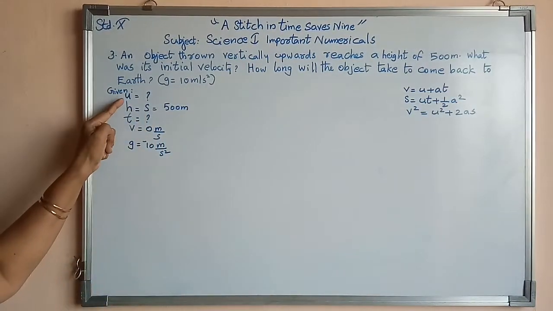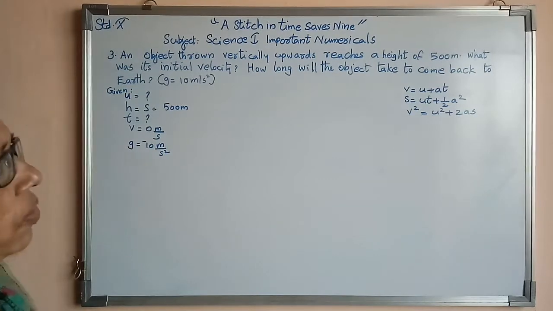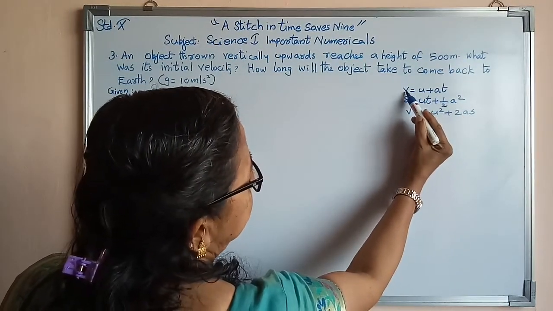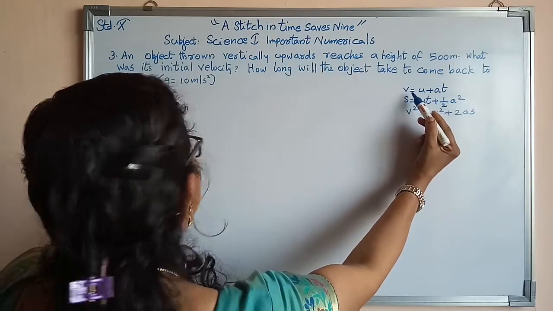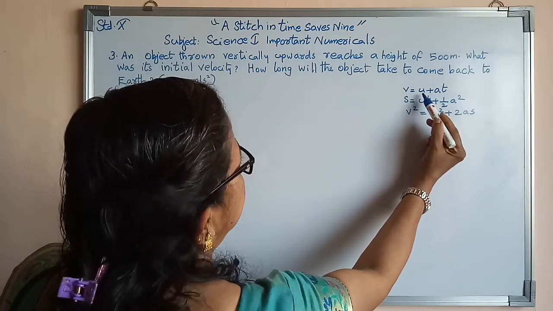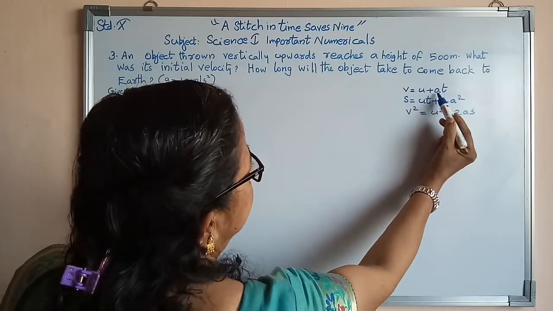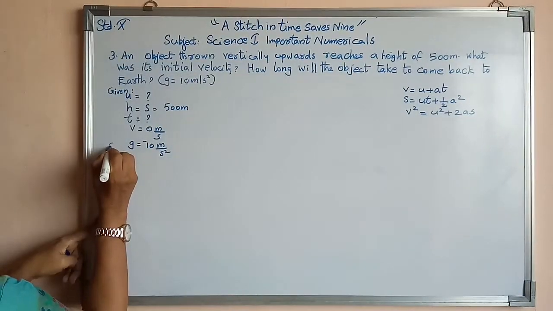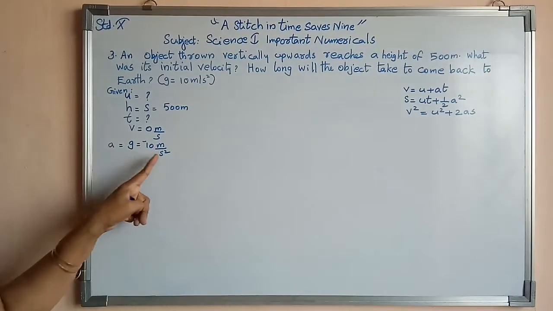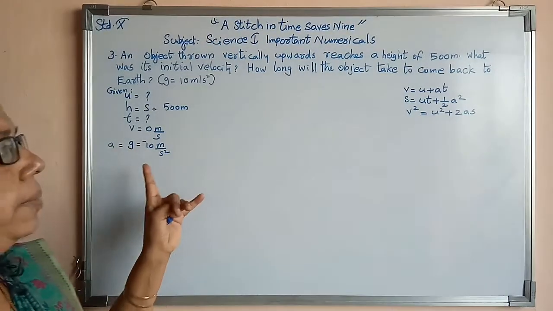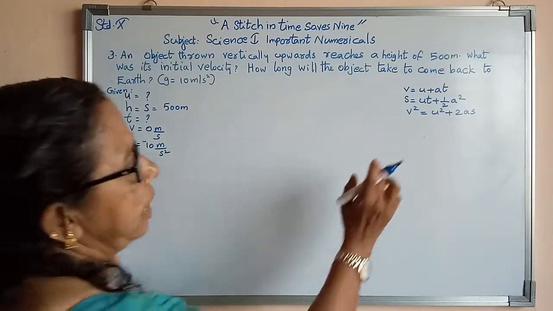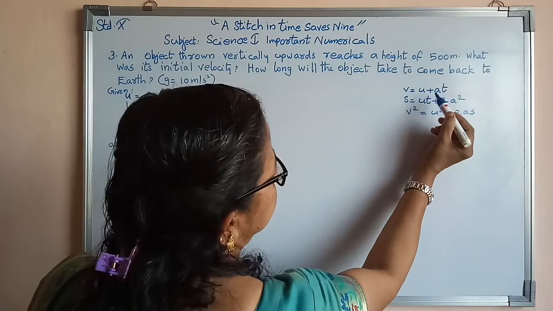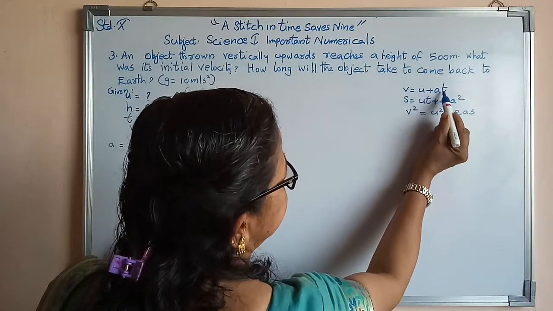Now here first we will find out u. For finding u, let us see which values we are having. v we are having, that is 0 meter per second. Then u we have to find out. a is already given. a means g, so here again I am writing a is equal to g, that is equal to minus 10 meter per second square. Then t we have to find out. So two values we need to find out in this equation, u as well as t.